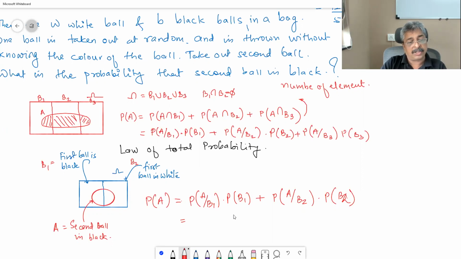Probability of B1, first ball is black. What is the probability that the first ball is black? B upon B plus W. And what is now the probability that the second ball is black given the first ball was black?